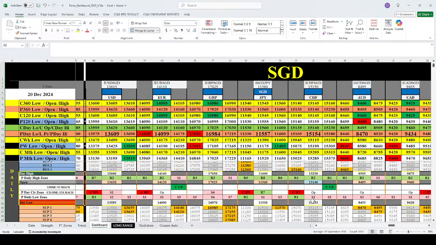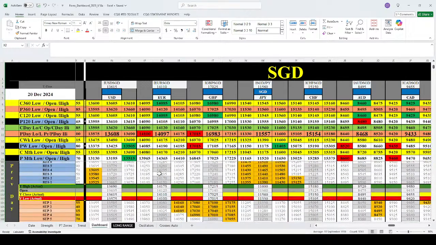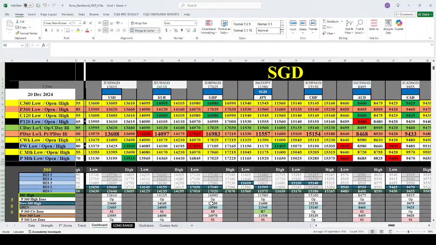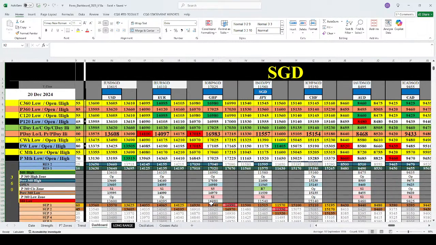Swiss Sing, Aussie Sing is coming off because Aussie is weak. I think this might be a turn. I'm not very sure on this, but I think we will try to go for a trade.